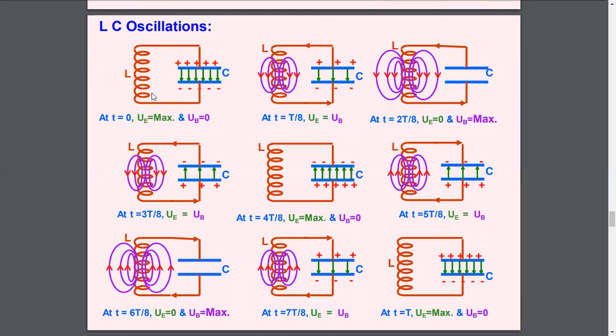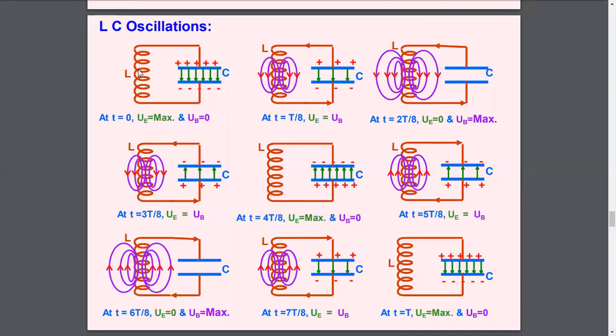So we see here, we have started by taking a capacitor which is initially fully charged, with charge Q naught, and now this capacitor is connected with an inductor with inductance L. Then this charge will start discharging across the inductor, and when there is zero charge on the capacitor, the total energy is transformed into magnetic energy across the inductor.